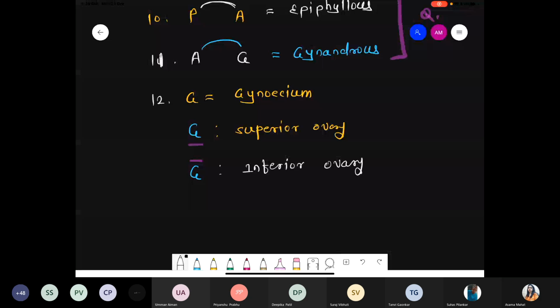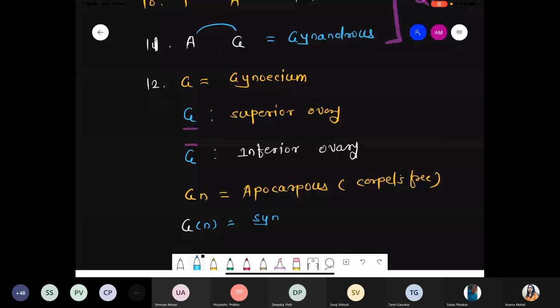N is the number of carpels. Such a condition is represented by the apocarpous condition, and apocarpous means the carpels are free. Similarly, if you use capital G and N is inside a bracket, such a condition represents the syncarpous condition, and syn represents fused carpels.